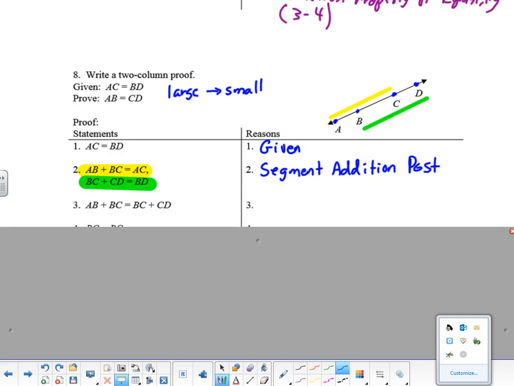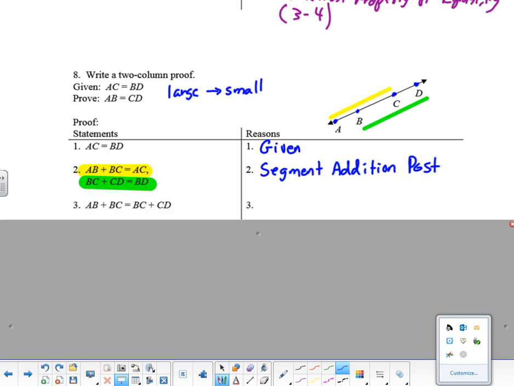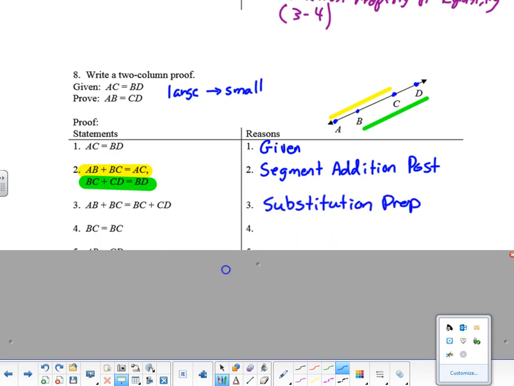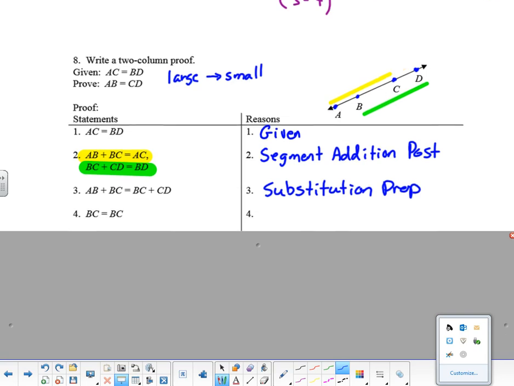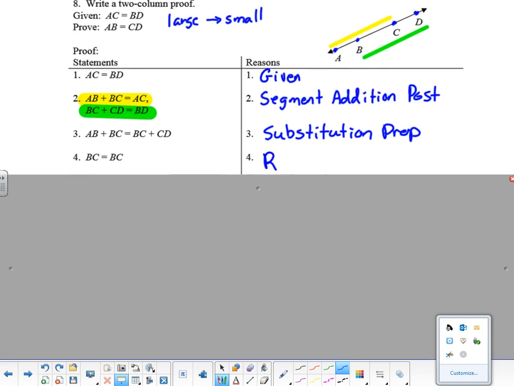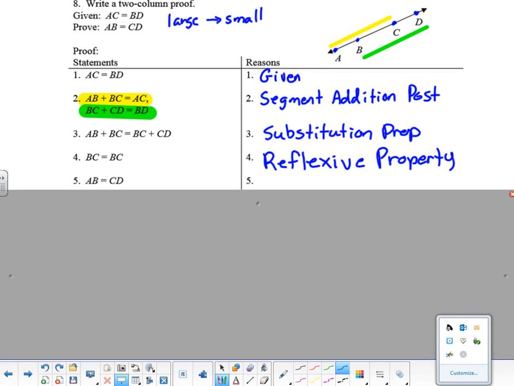Okay. Now, what are we going to do? Well, we're going to now substitute. Substitution property. Okay. BC equals BC. We're looking in the mirror. That's the reflexive property. All right, then how are we going to get there?